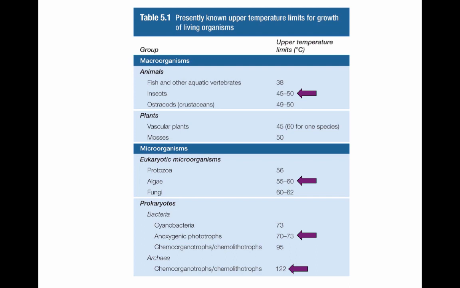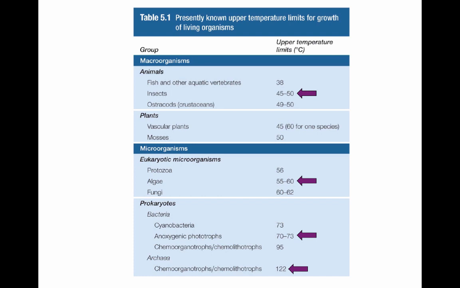So this Table 5.1 shows the known upper limits, basically, of the temperature at which organisms can grow. For example, insects can be happily growing at 45 to 50 degrees Celsius. Whereas when we look now at microorganisms like algae, they can actually sustain temperatures of 55 to 60 degrees. But the champions of thermophilic living are basically microorganisms, particularly bacteria, and more specifically archaea.